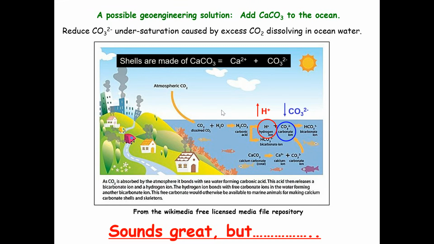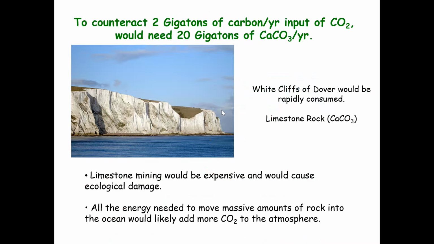That's awesome. However, one of the challenges there: in theory, this works really, really well. Where it's not working well is how much calcium carbonate you would have to use.